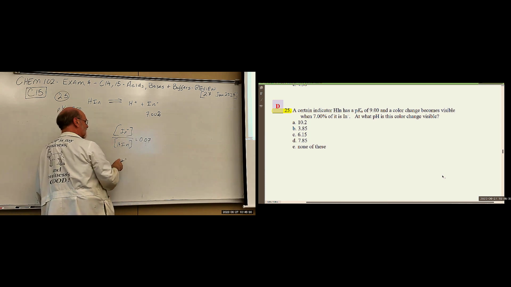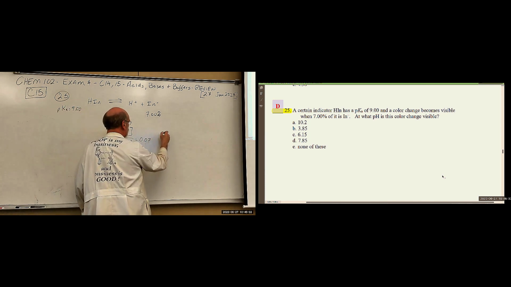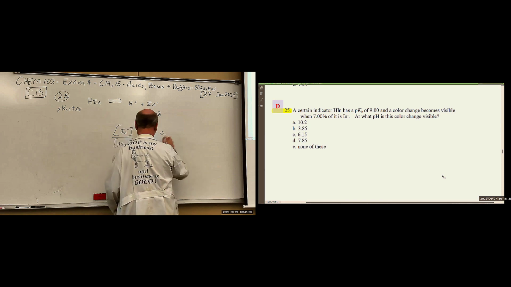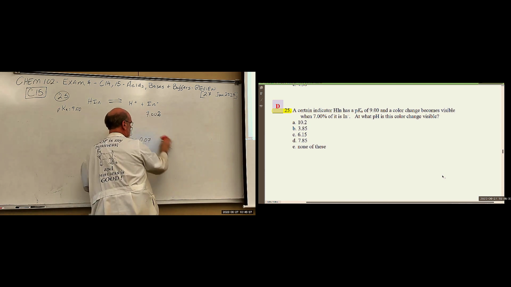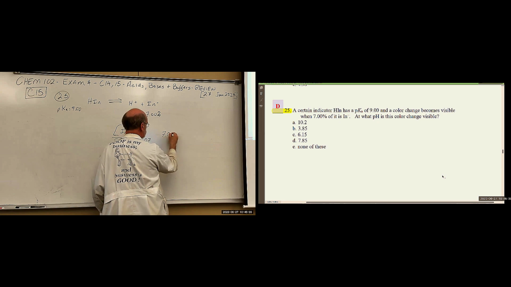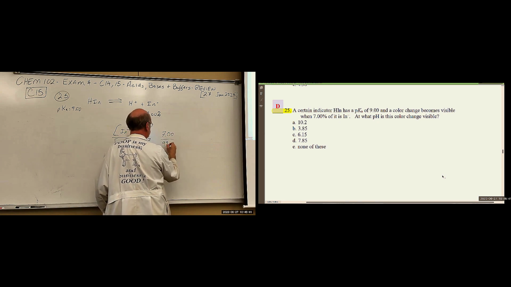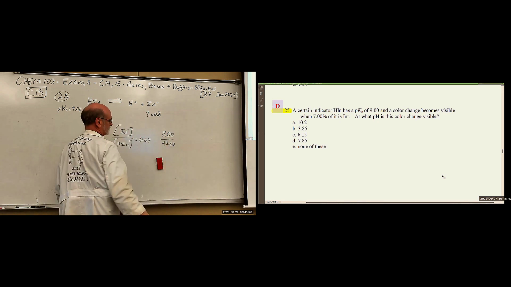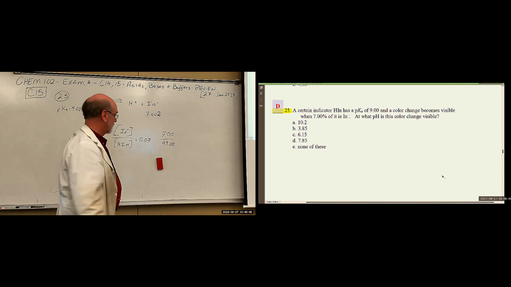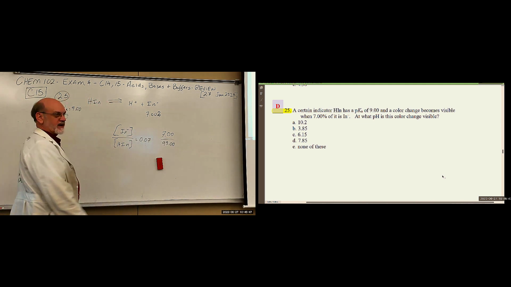Or would we have to say 7% of it is this, and the other 93% is that. You know, it's a matter of interpretation. Let's work it both ways and see what happens.